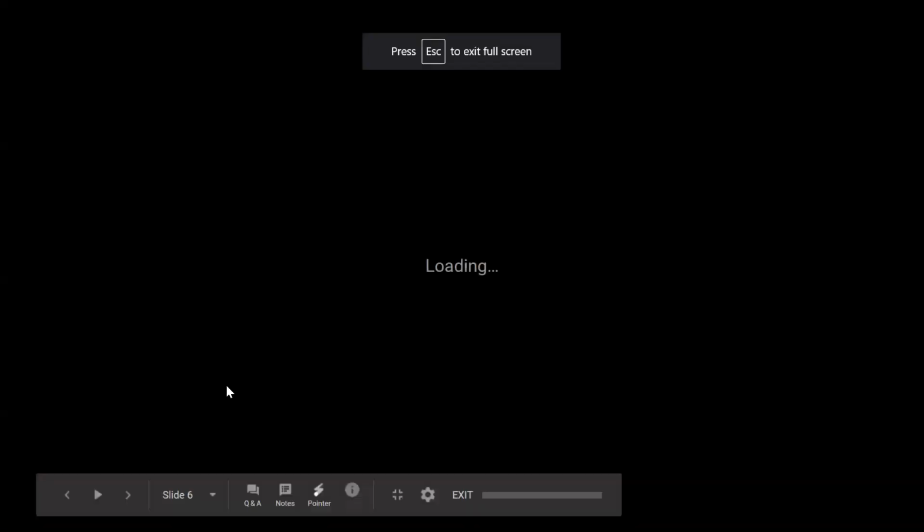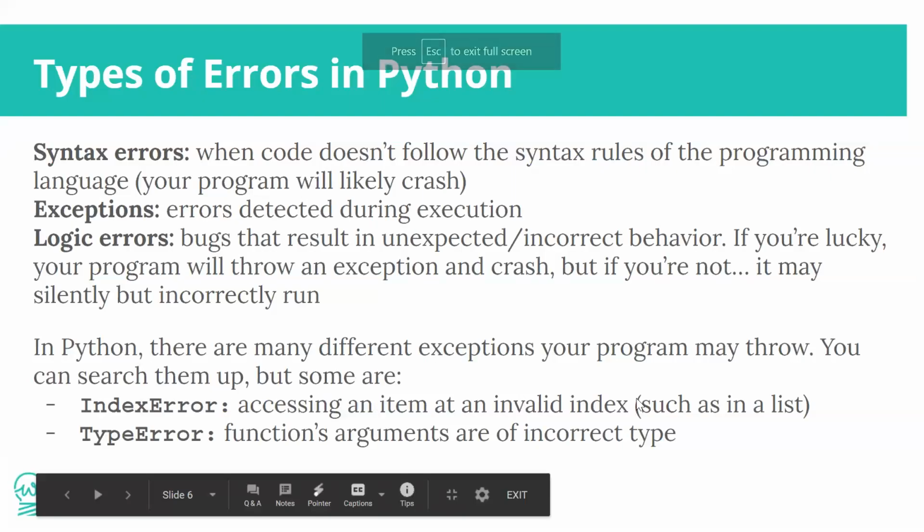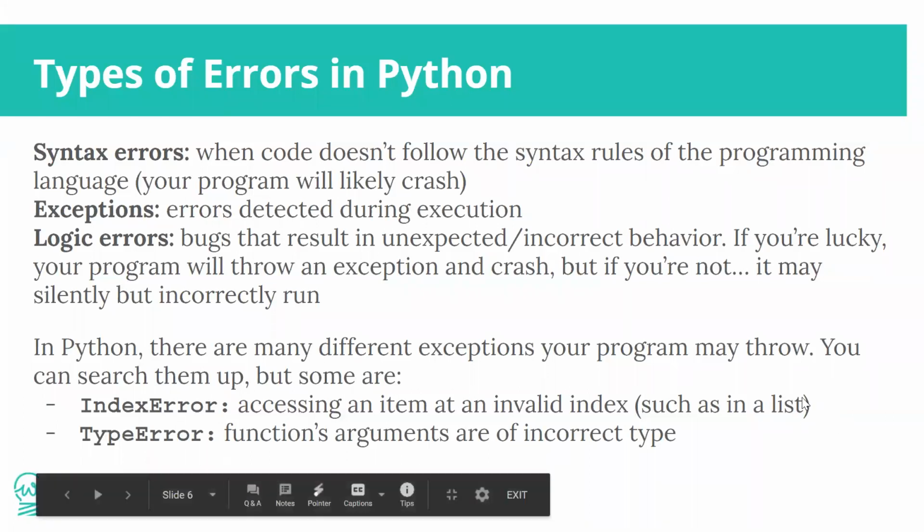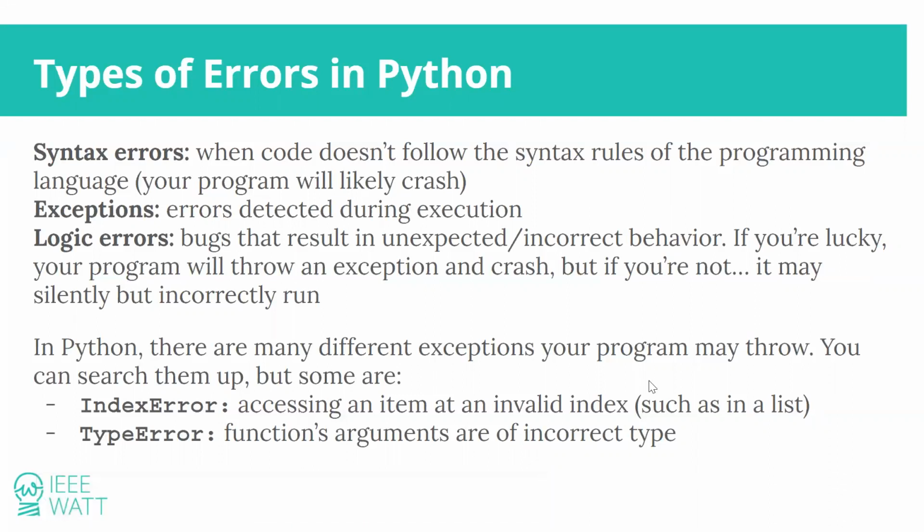You could also have an index error when you try to access items out of bounds or with invalid indexes. If I had a list with 5 elements and I tried to access element 5 using 5 in brackets, since indexing starts at 0 and goes up to 4, that would give me an error and my program would crash.